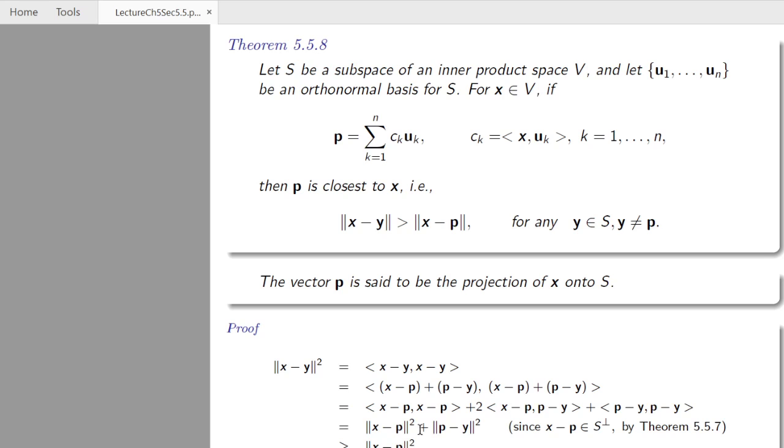So we got one square term, and the second square term. We drop the second term, and we get greater than or equal to this. If y is not the same as p, then here we should take the greater than sign, no equal. So in this way, we proved this Theorem 5.5.8.